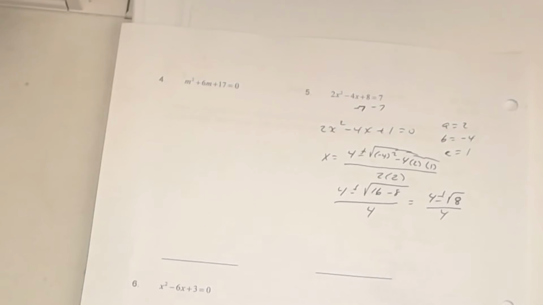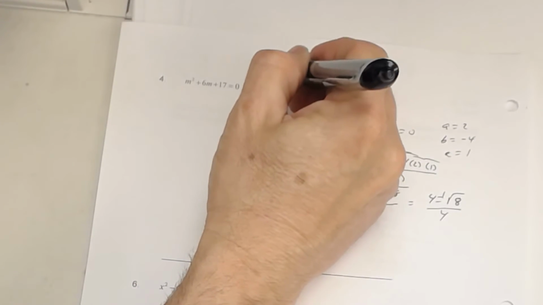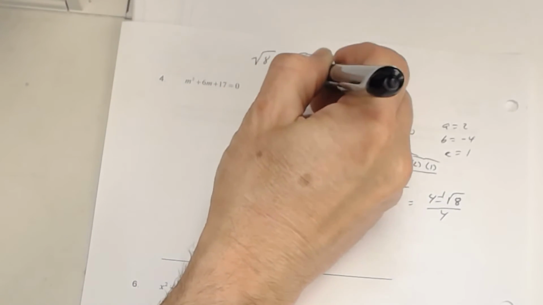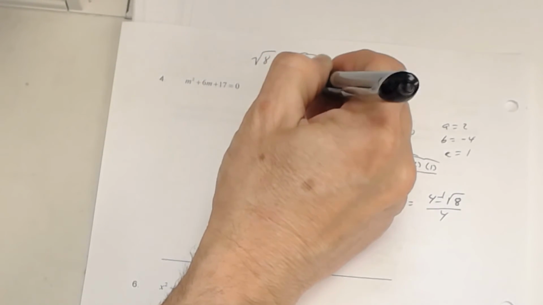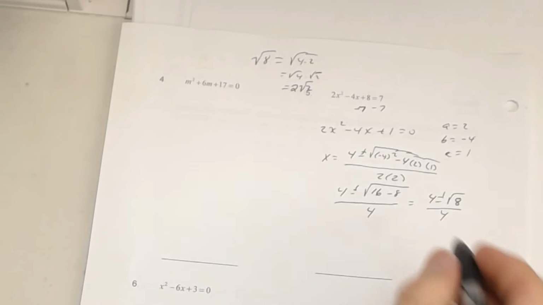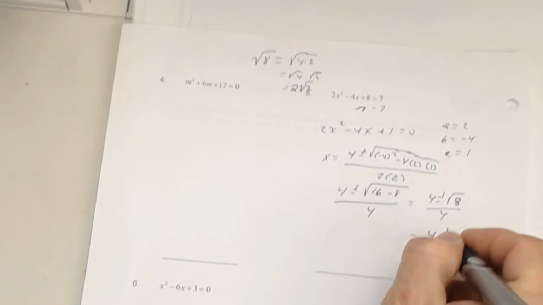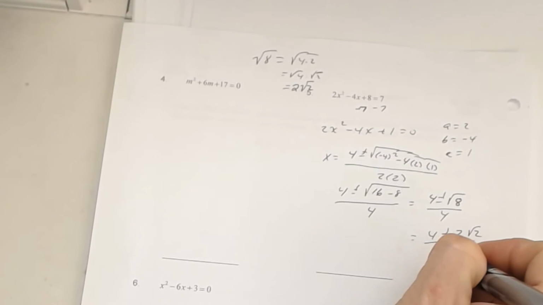No. But can I simplify the square root of 8? Yes. The square root of 8 is 4 times 2. So the square root of 4, square root of 2. So what do I get? 2 square root of 2? So this becomes 4 plus or minus 2 square root of 2 divided by 4.